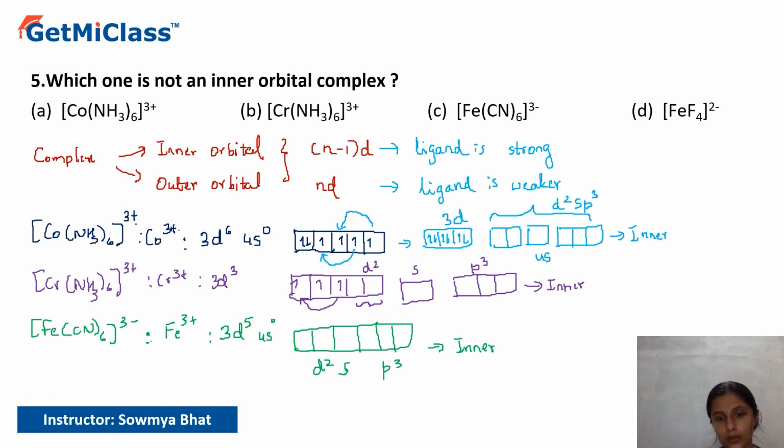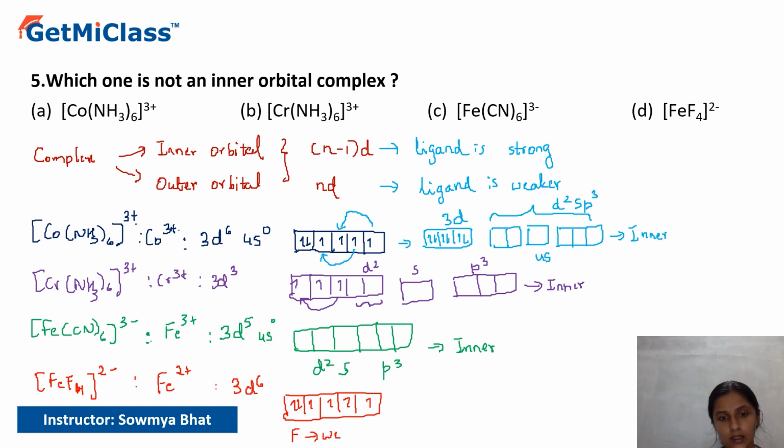And the last option which we have here is [FeF4]2-. So here iron is in the +2 state. As a result, the configuration would be 3d6, so 6 electrons like this, and F being a weak ligand, this can't pair up the electrons, and there are 4 F coming up.